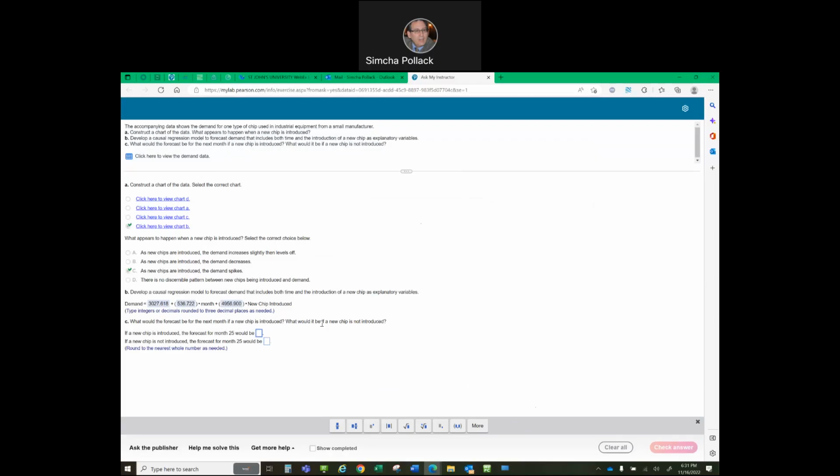Add on the 3027.618, plus 4956.9 times 1, which comes out to a grand total of $21,401.68, which rounds to the nearest whole number.